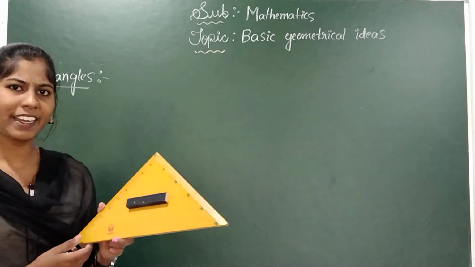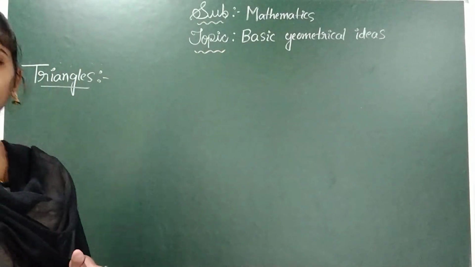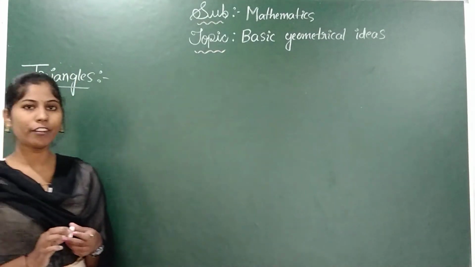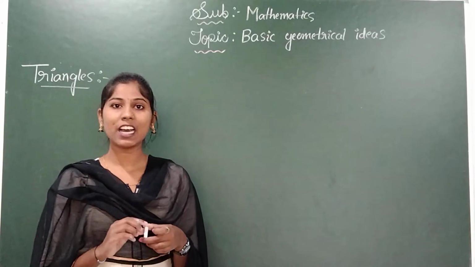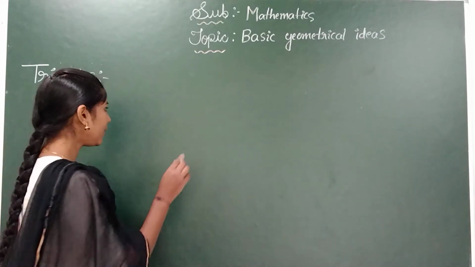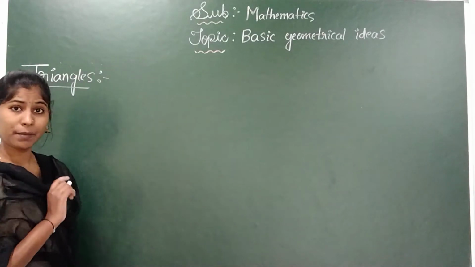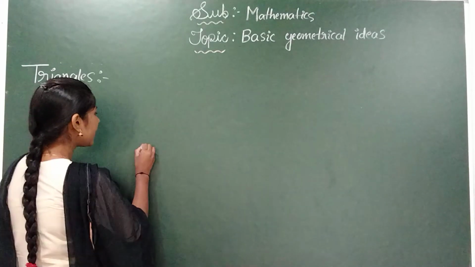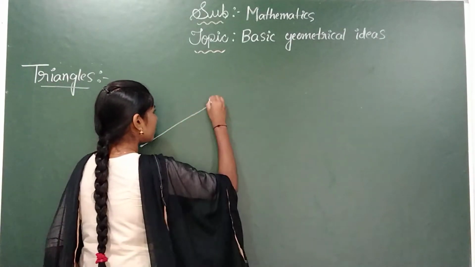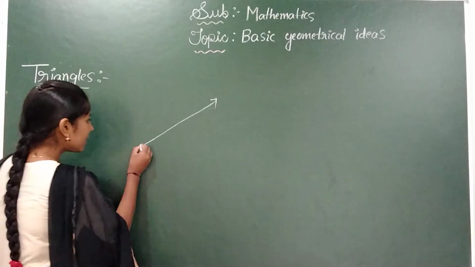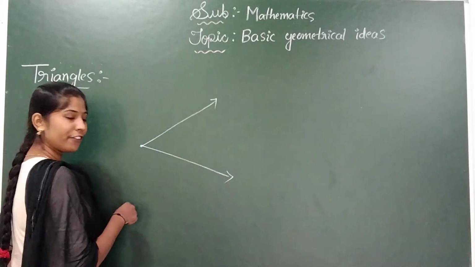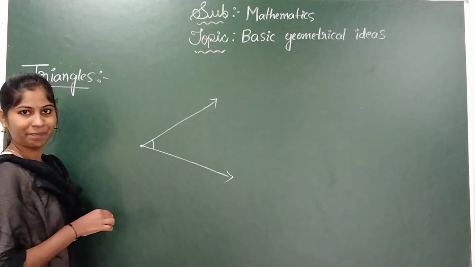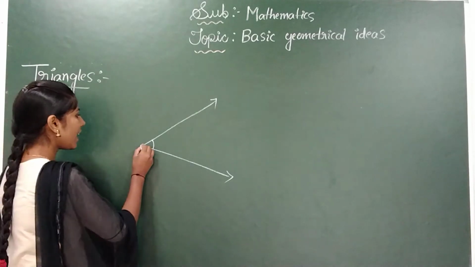So what is an angle? An angle is nothing but when 2 rays form an angle in the corner. For example, they have the same initial point, and this is the initial point of the ray. This is one ray and this is another ray. They form an angle in the corner. This is called an angle.